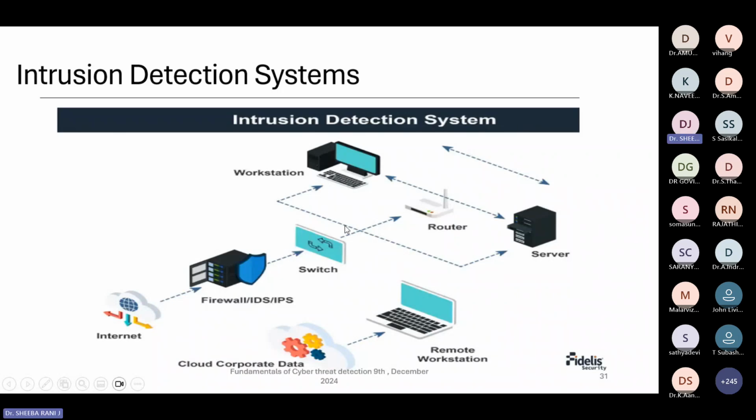Then a switch, and it will be given to routers and all those things. Now you see, from the cloud data we are taking this and getting it in the remote workstation. From this internet, the cloud also comes under the internet. So this is the normal thing.